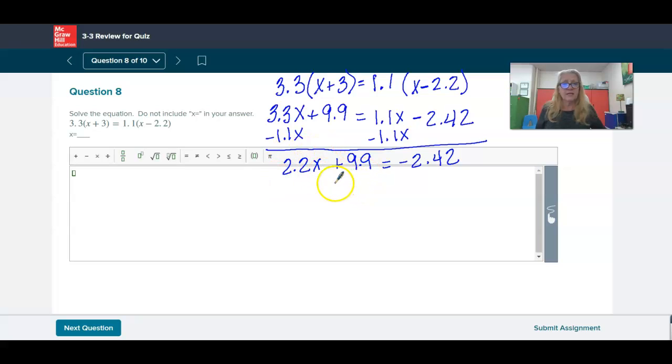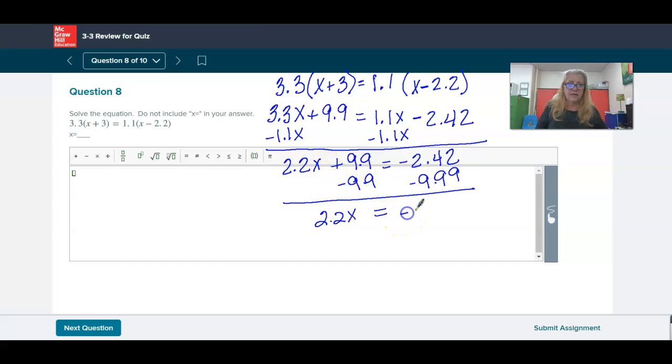Now to get this by itself, I need to subtract 9.9 from both sides. It's the same steps. You know, the numbers are just a little uglier. So we have 2.2x equals, over here, these are both negatives. This is going to give us a bigger negative, 12.32 negative.